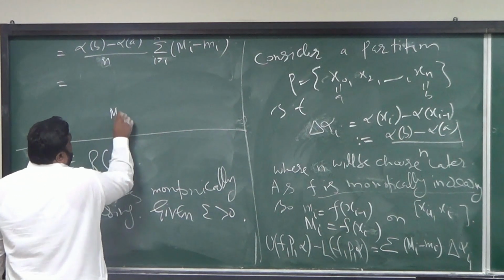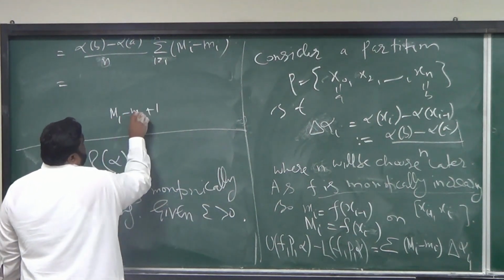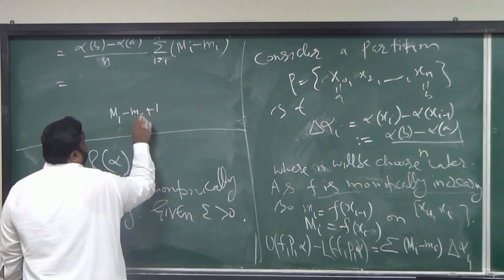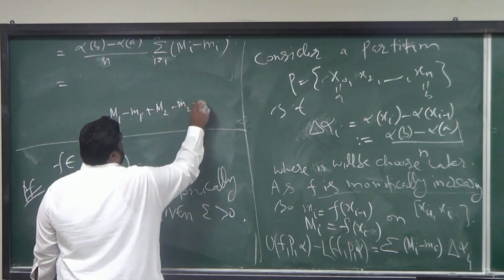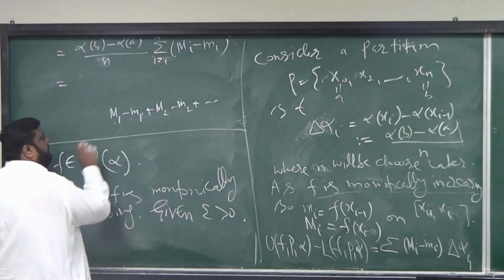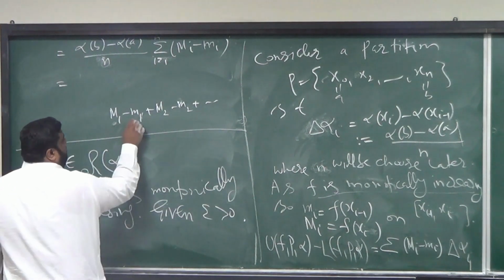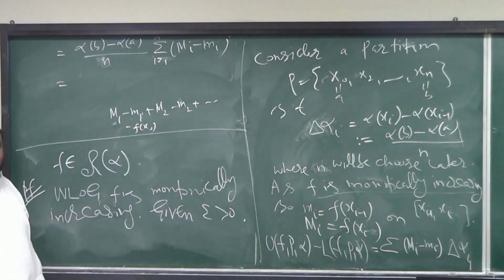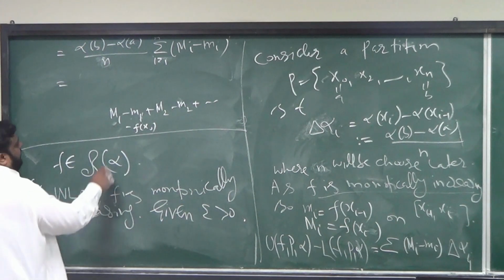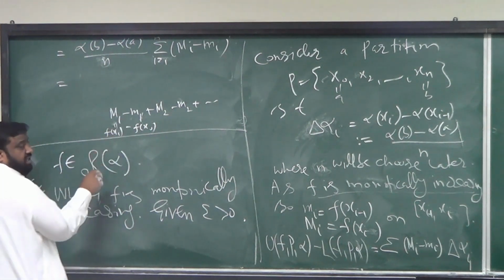The first thing is M1 minus small m1, plus M2 minus small m2, and so on and so forth. Now just think about it. What is small m1? This is f of x naught. And what is this guy? This is f of x1.